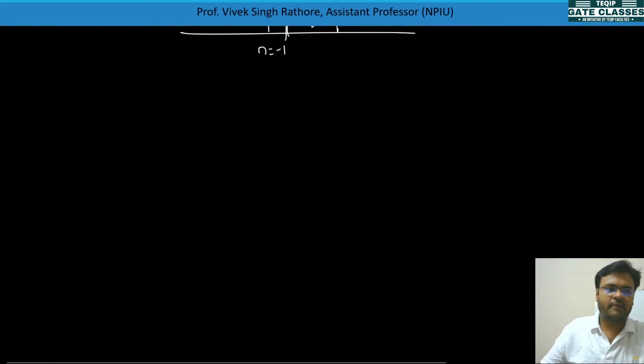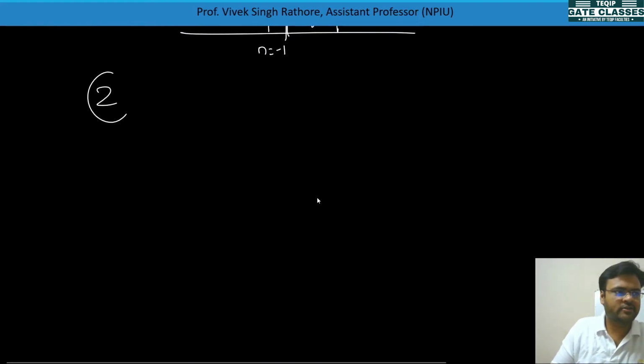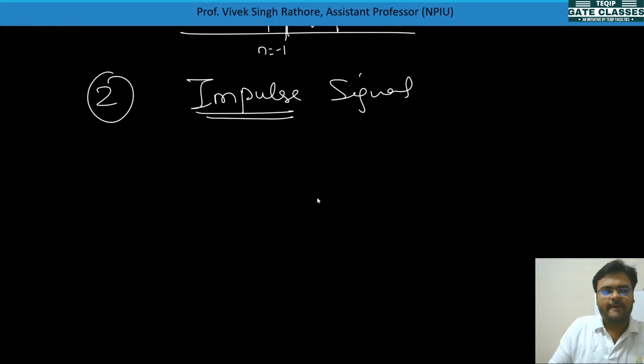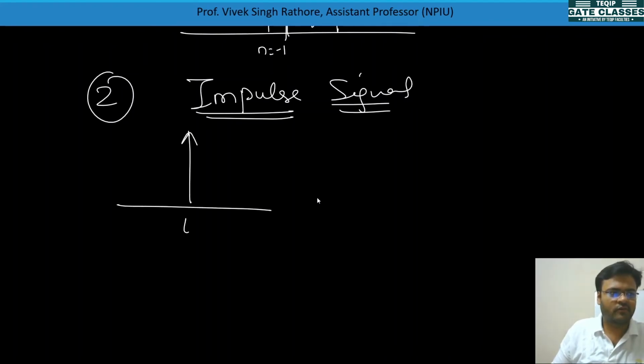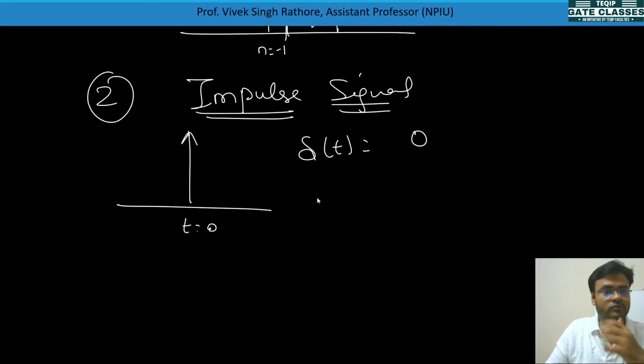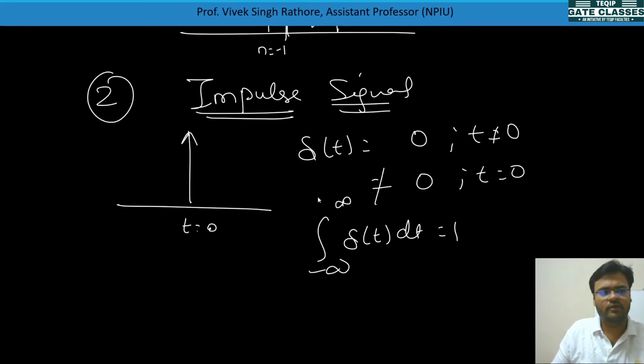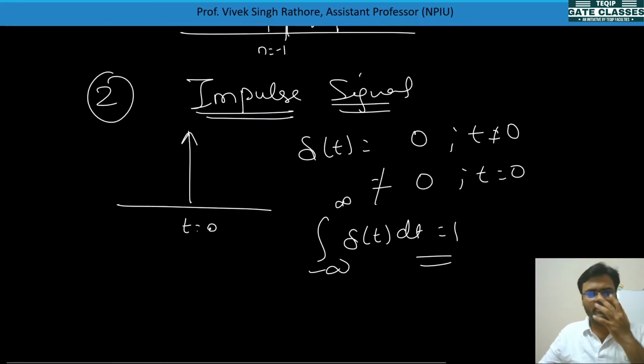The second signal is the impulse signal. In the time domain, delta t is equal to 0 for t not equal to 0, and not equal to 0 at t equal to 0, and the integral from minus infinity to infinity of delta t dt is equal to 1. We remember this from the time domain.